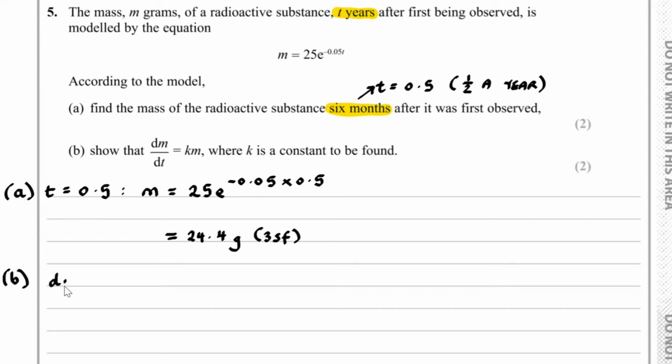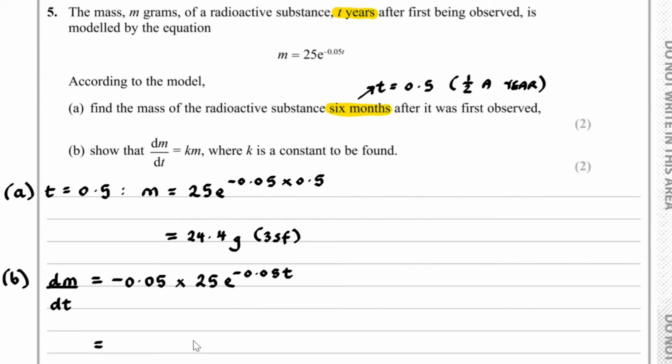So to work out dm over dt, this is equal to minus 0.05 multiplied by 25 e to the power of minus 0.05t.